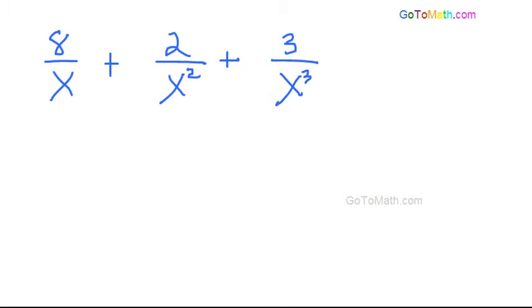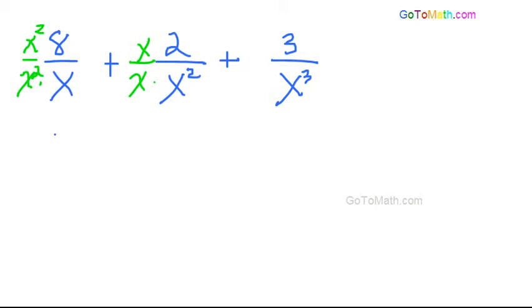What we need to do here is get a common denominator. Let's look at the highest power: we've got an x cubed. So we're going to multiply the first by x squared over x squared, and the second by x over x, and we won't need to do anything to the last one.